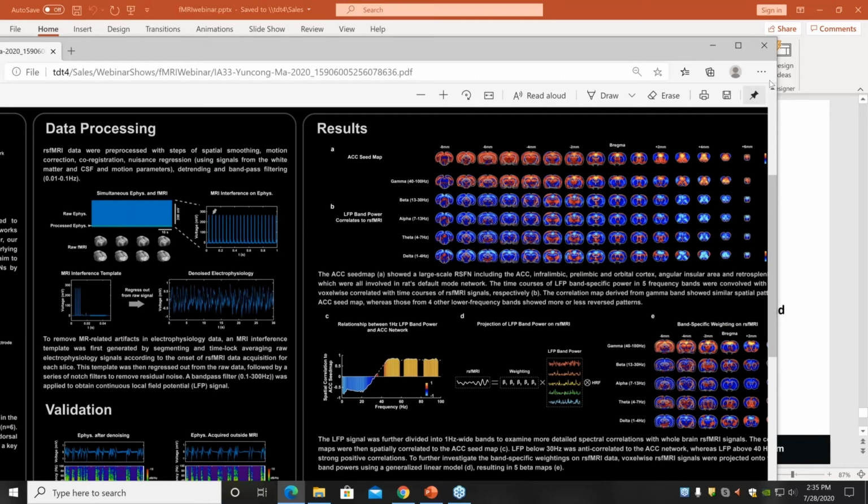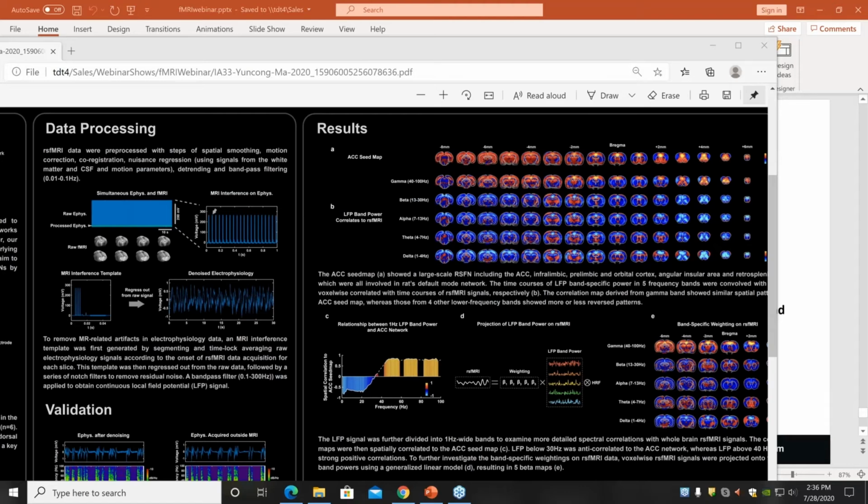Okay, cool, thank you. So on the right top, we get the ACC seed map, which shows the whole brain correlation to the ACC area. And based on the traditional analysis, we separate the FP signal into 5 bands, from the lowest delta to the highest gamma powers, and use them to compute the band-specific correlation to the whole brain resting state fMRI signal.